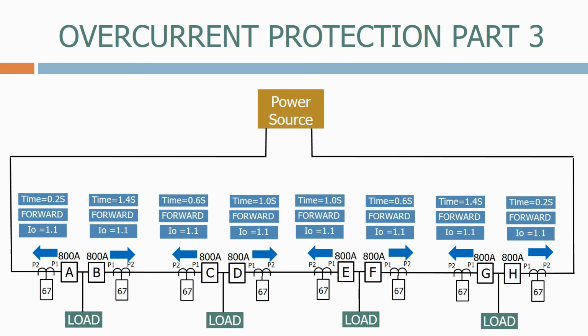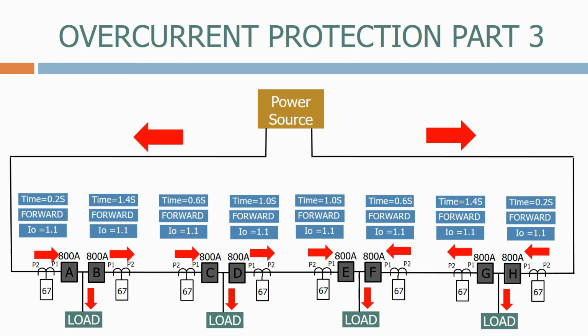Let's now close the circuit breakers. As we can see, the main currents from the power source will split, with some going down the left-hand side and some going down the right-hand side. How these currents split will depend on the value of each of the loads applied.